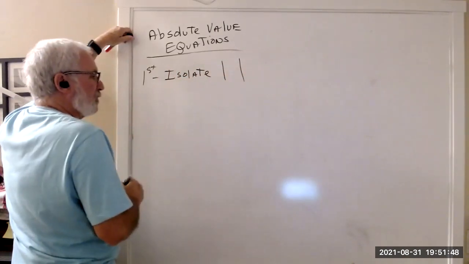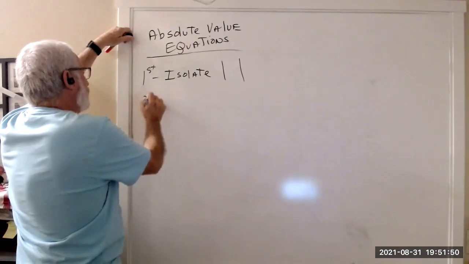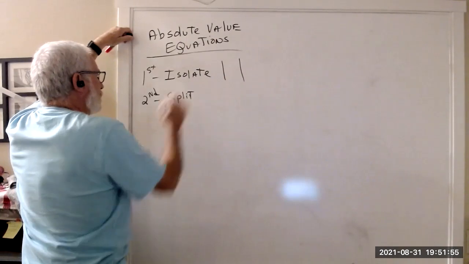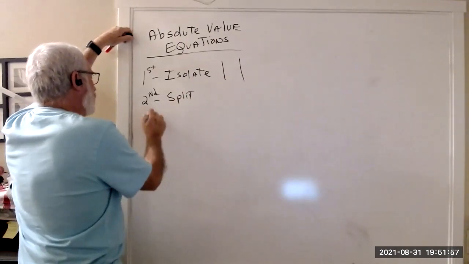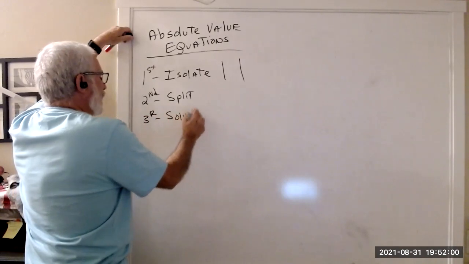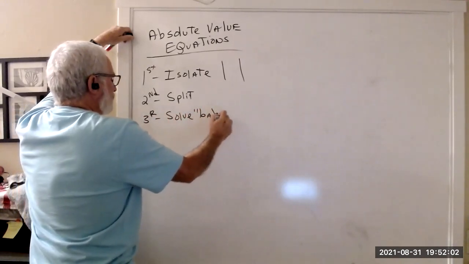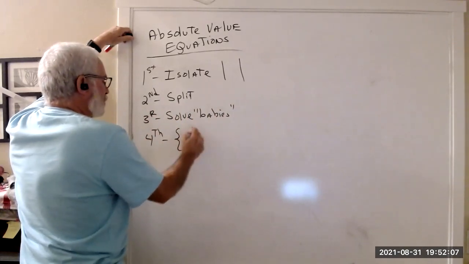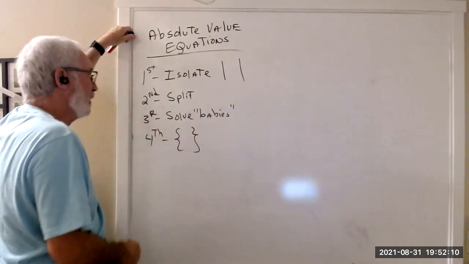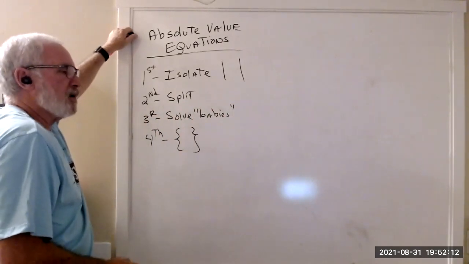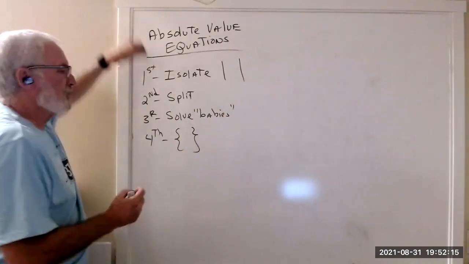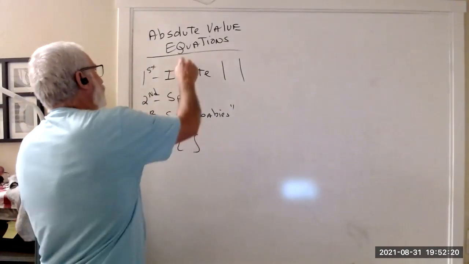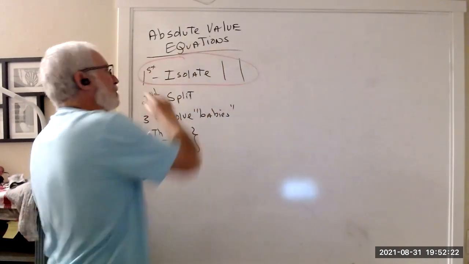I'll show you what that means. Second, you split it up. Third, you solve, I call them the babies. And fourth, you have your single solution set, all your answers inside there. The only difference between what I've written here and what we were doing before is this first step, isolate the absolute value.